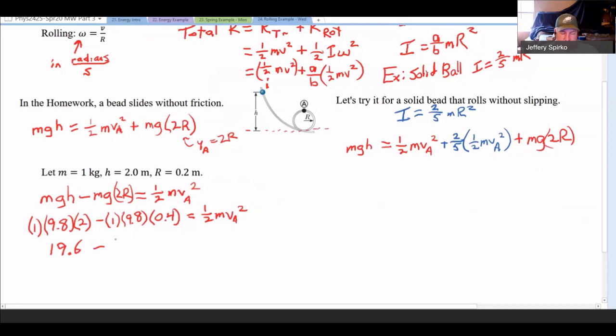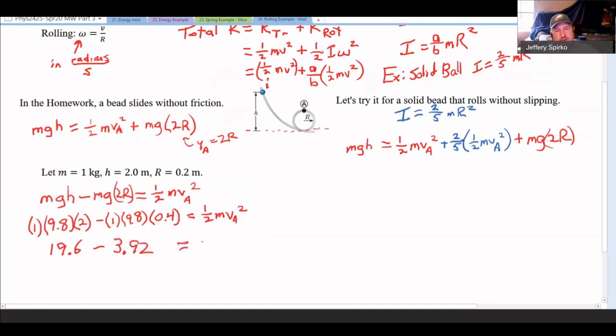9.8 times 0.4. My calculator crashed. 9.8 times 0.4 is 3.92 joules.